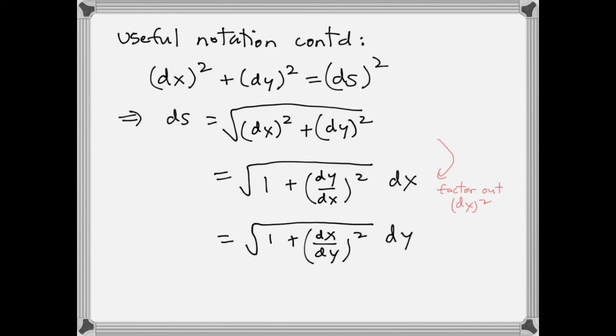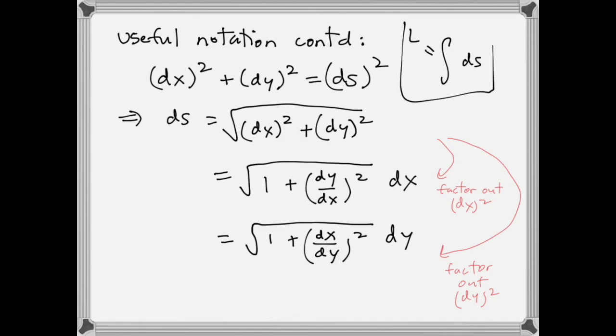And so this is if I factor out a dy squared. And so what this is saying is that the integral of ds equaling length is actually true regardless of which variable you choose to integrate with respect to. So this helps us remember the formula.